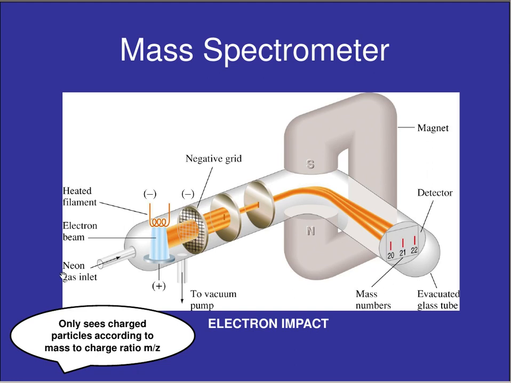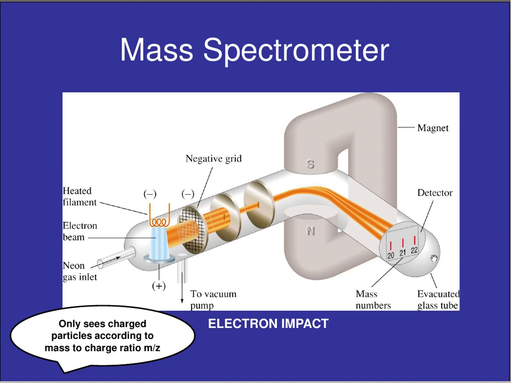And of course neon has different isotopes, so you'll have a mix of different masses of neon coming in, and then you will find on the detector you can see the signals due to the different masses of particle coming through.